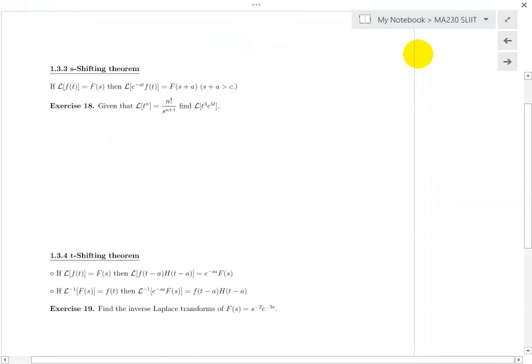Now these two shifting theorems, shifting in s and shifting in t, are going to be very useful.